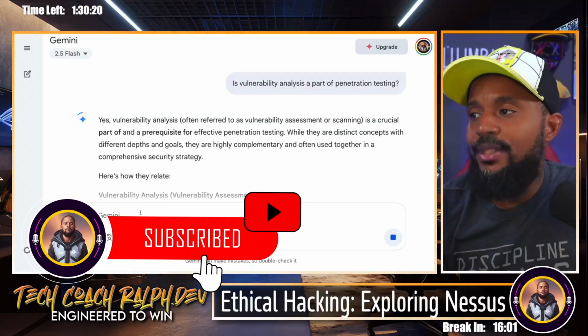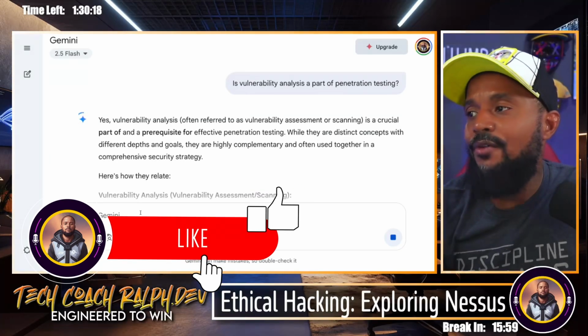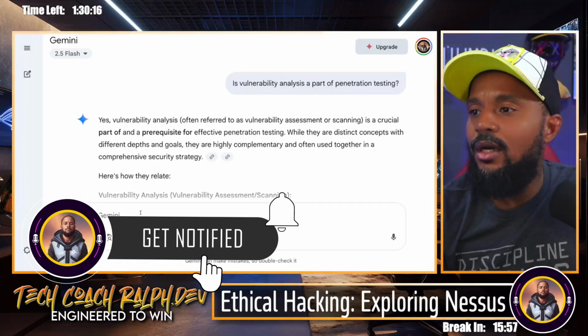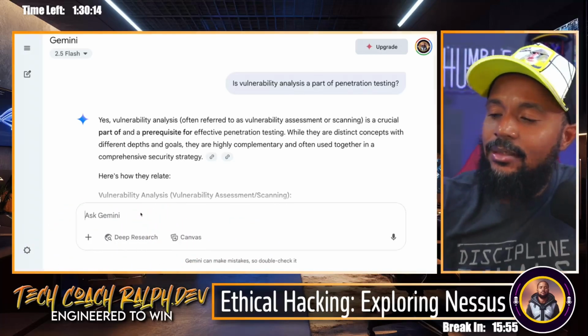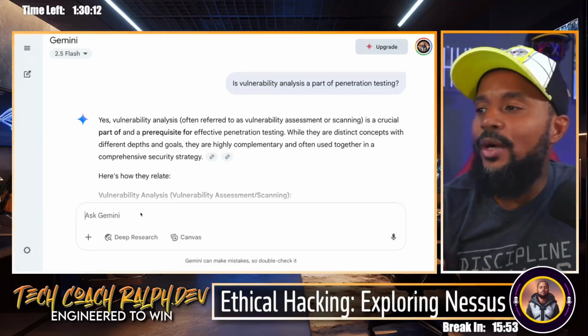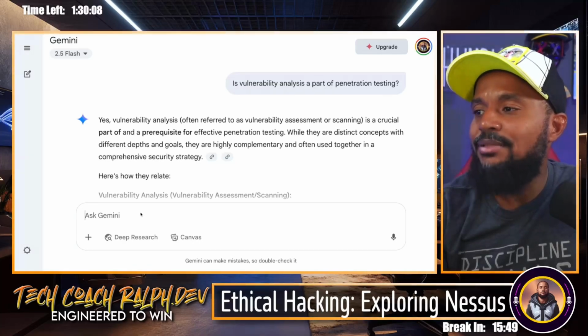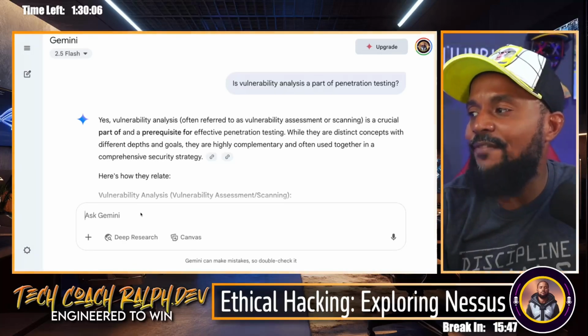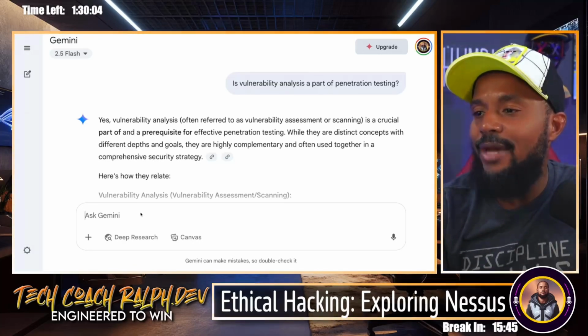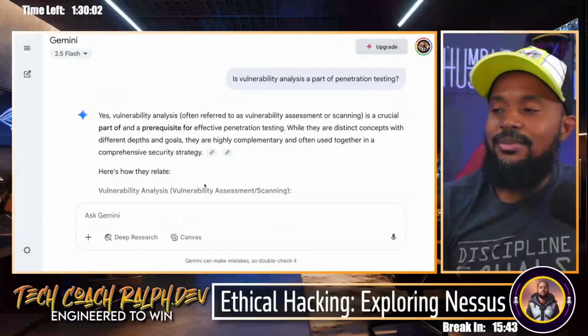Yes, vulnerability analysis is a crucial part of and a prerequisite for effective penetration testing. While they are distinct concepts with different depths and goals, they are highly complementary and often used together in a comprehensive security strategy. So here's what I'm saying, right?